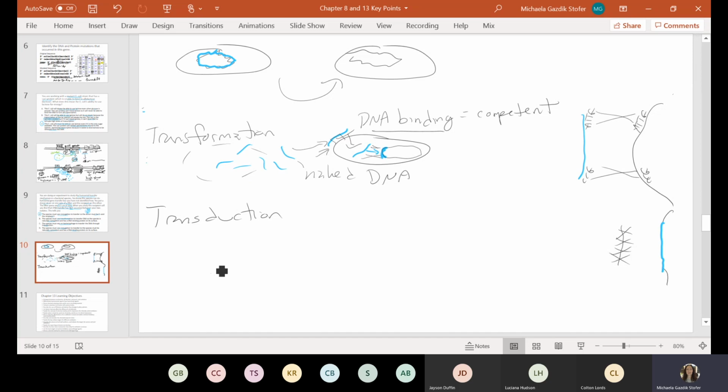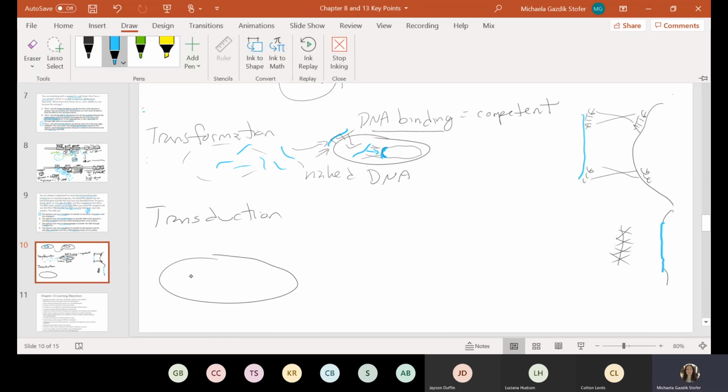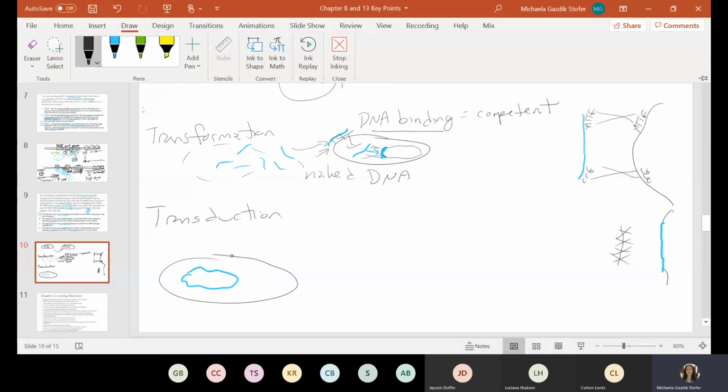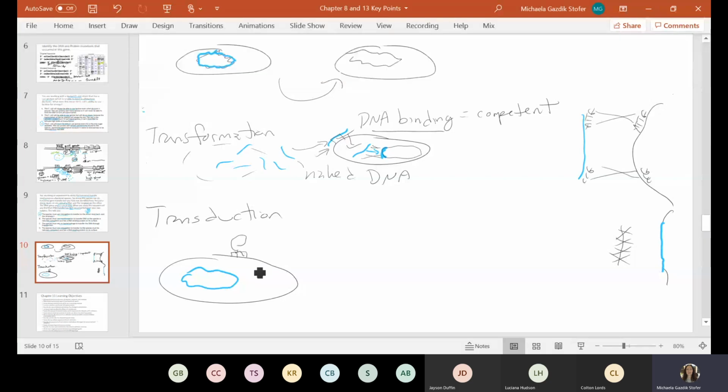What happens for transduction is, here's again the cell that's going to end up being the donor cell. When this cell gets infected by our bacteriophage, that cell starts making all sorts of little bacteriophage. When we talked about viral replication and assembly, there should be viral DNA in the heads of all of these.